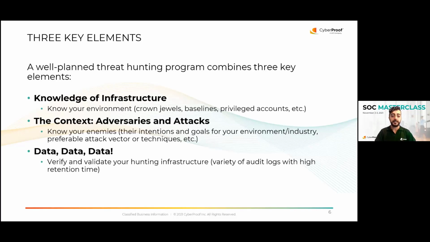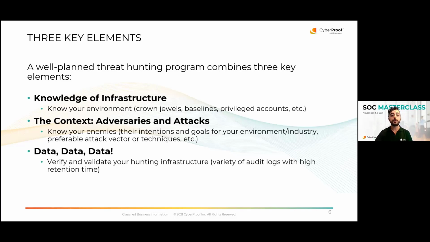The second key element is the actual content, whether for adversaries or the attack. I mean, we're talking about realizing which attacking group might target your industry or your environment, and when they do so, what will be their intention, how they will get into those crown jewels that we defined in the previous phase.